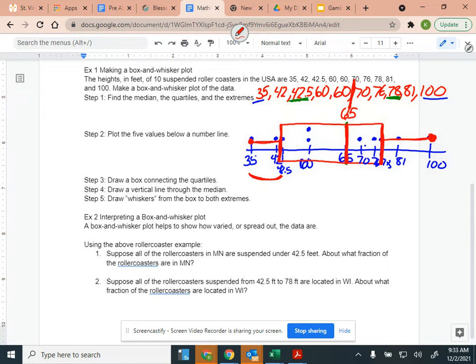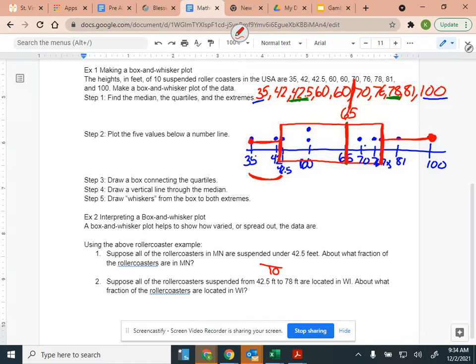So if they want a fraction, how many data are there all together? 10. So that's going to be our denominator because it's out of 10 roller coasters. It says what fraction of the roller coasters are in Minnesota?